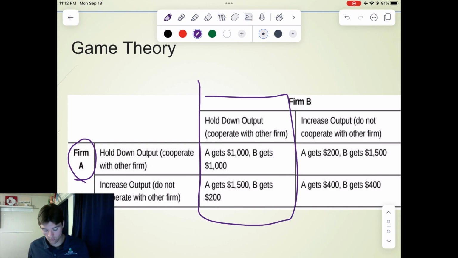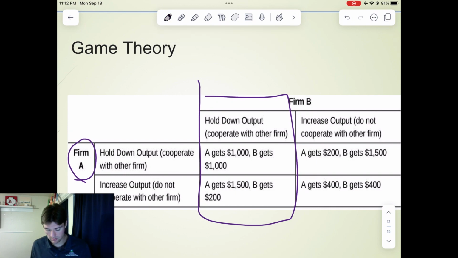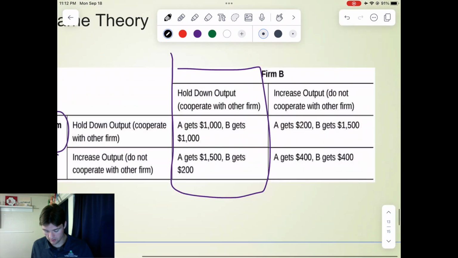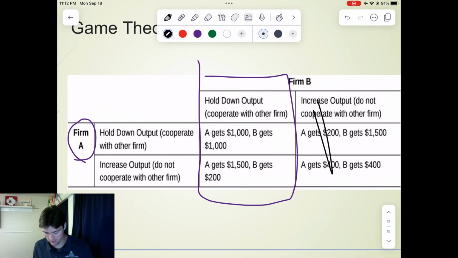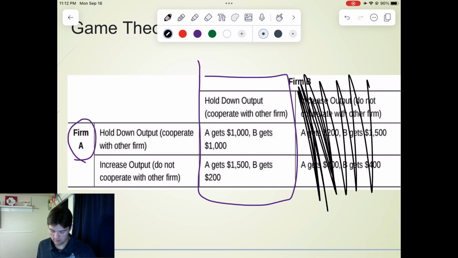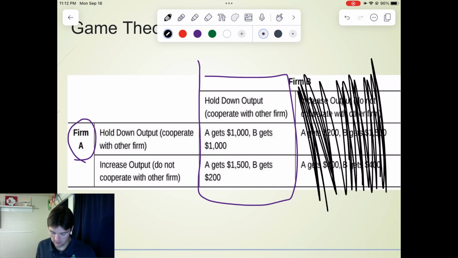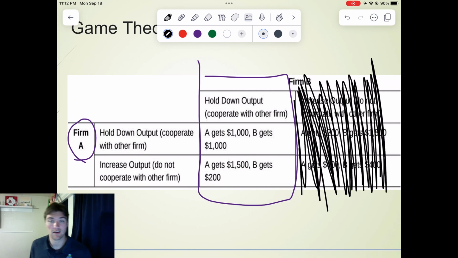So what I like to do is block off this side here. The reason I block this side off is because I'm saying B holds down output. So that's what B is doing. If B is doing that, what is better for A?